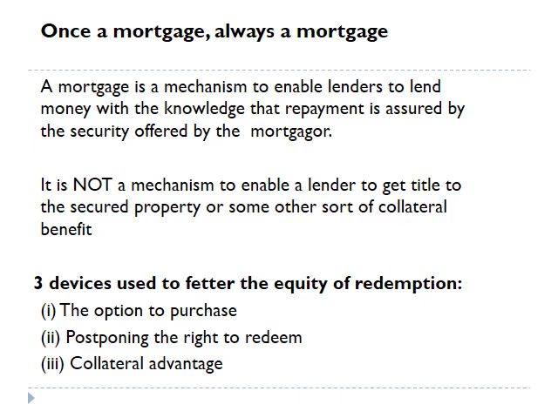The second one is postponing the right to redeem. Now, this isn't a case where the right to redeem is extinguished, but it's a case where the right to redeem is delayed for what would seem a very lengthy period.